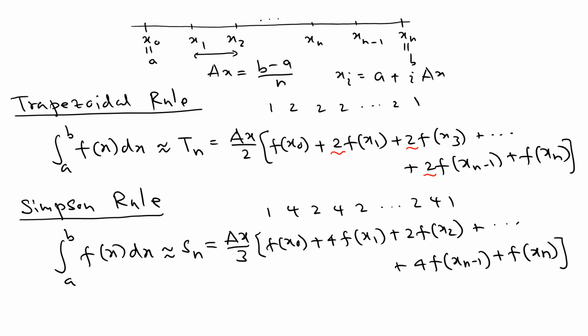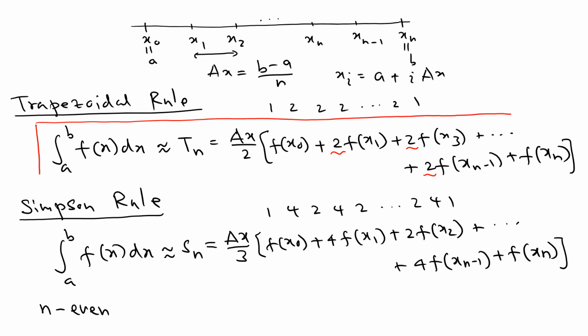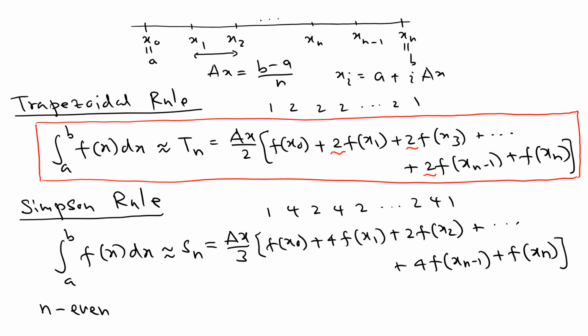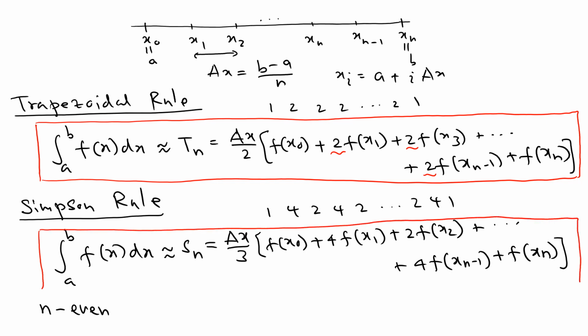The only restriction is that n has to be even when you use the Simpson rule. So those are the two rules: the trapezoidal rule with 1 2 2 2 1 format, and the Simpson rule with 1 4 2 4 2 4 1 format. Now we can use this in a problem and see how it works.